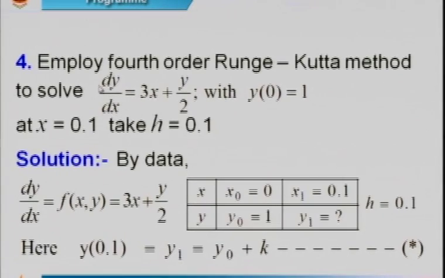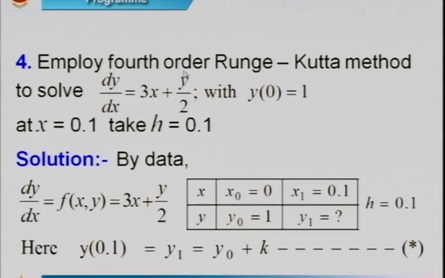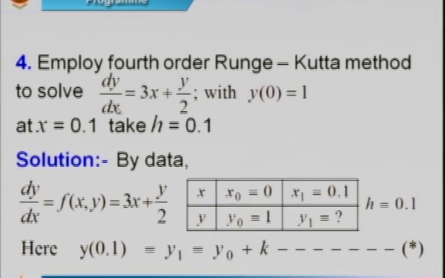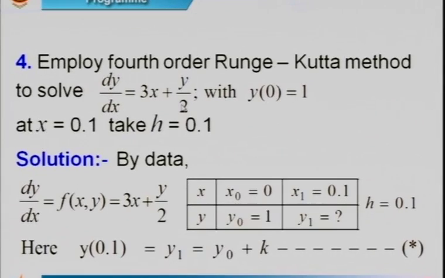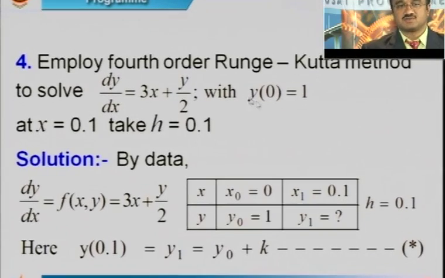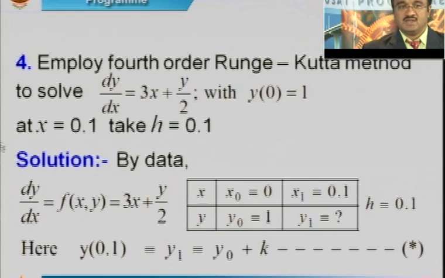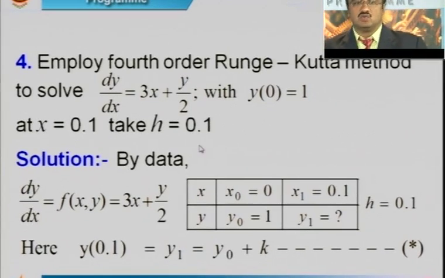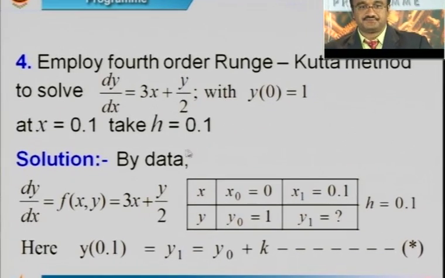Again, employ the fourth order Runge-Kutta method to solve the equation. This is the next problem, that is dy by dx equal to 3x plus y by 2 with initial condition y of 0 equal to 1. At x equal to 0.1, again they ask you to take the value h as 0.1.